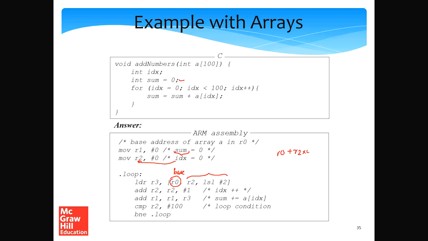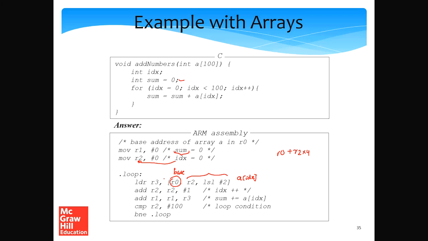The reason 4 comes is because one integer is 4 bytes and we are accessing memory at the level of bytes. So we'll take one register R2 which contains the index, multiplied by 4, which is the same as shifting it to the left by 2 positions. So R2 LSL #2. So this gives us the address of A[idx].